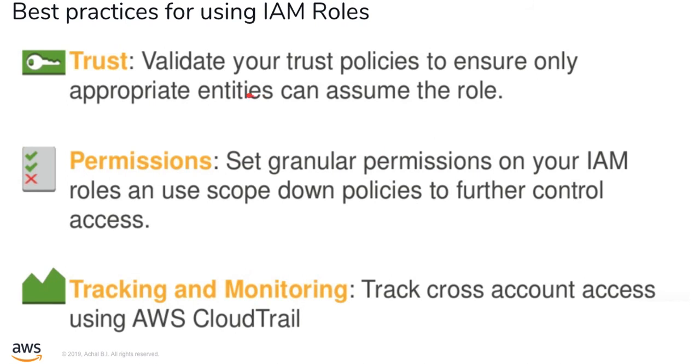So we validate trust policies to ensure only appropriate entities can assume that role, set granular permissions on IAM roles, and use scope down policies for further access control. And we can track cross account access using AWS CloudTrail.